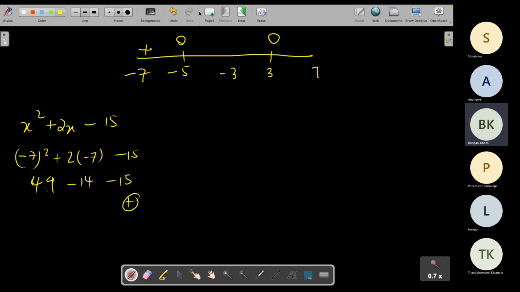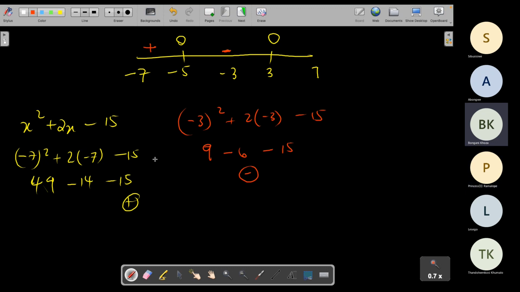Are we okay? Yes, sir. Then we're using minus 3. So it will be minus 3 squared plus 2 into minus 3 minus 15. So this is 9 minus 6 minus 15. We end up with a negative sign.